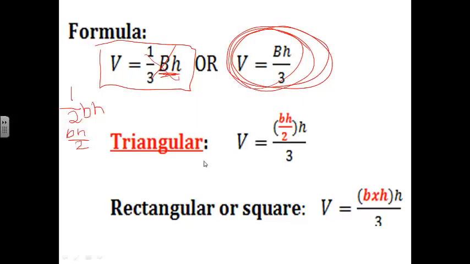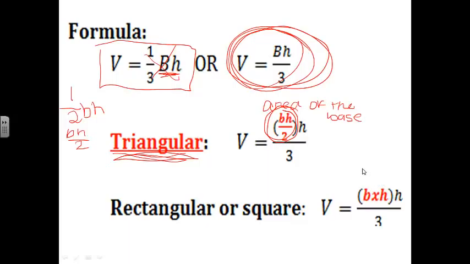Okay, so just like yesterday, our big B does not mean the base. It means the area of the base. That's why it's so important for us to know area. So when we see a triangular base, we replace B with the area of a triangle. So base times height divided by 2, times the height of the entire figure, all divided by 3.